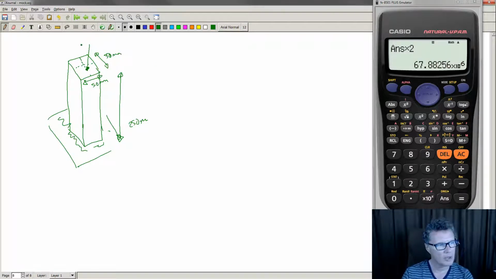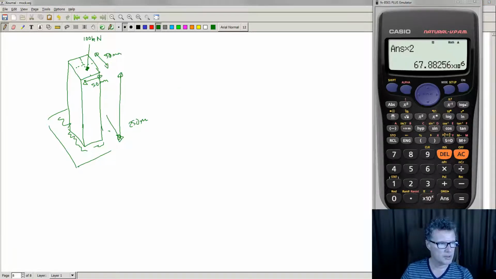Okay, so we apply a force of, make it something different to 50, 100, that'll be fine. 100 kilonewtons. Right. What's the maximum stress that's going to be applied in this case?